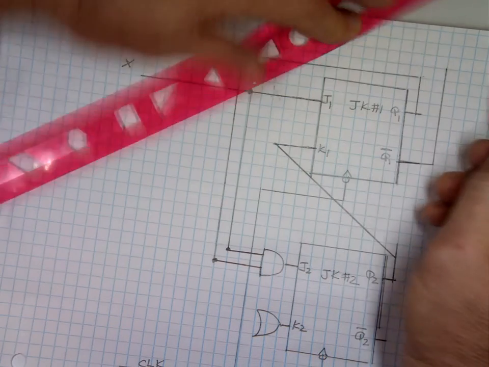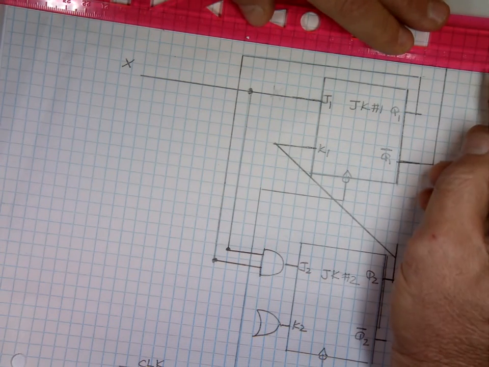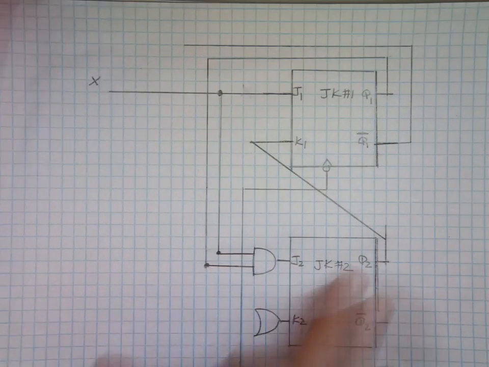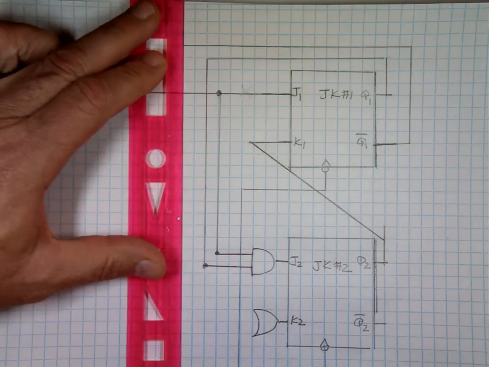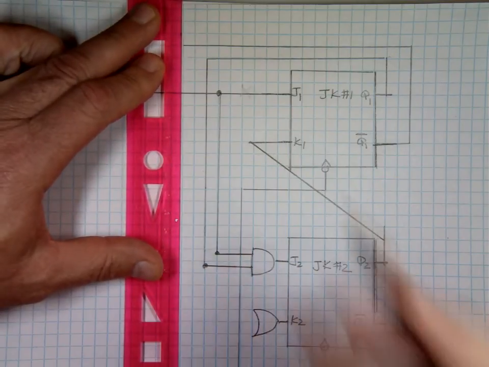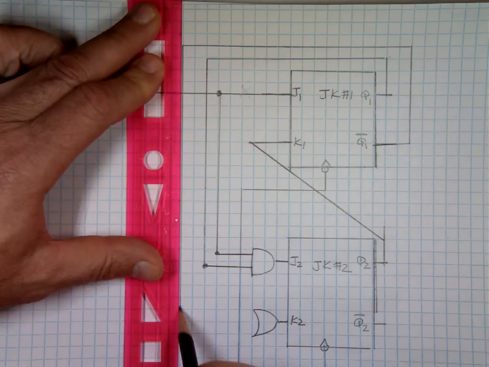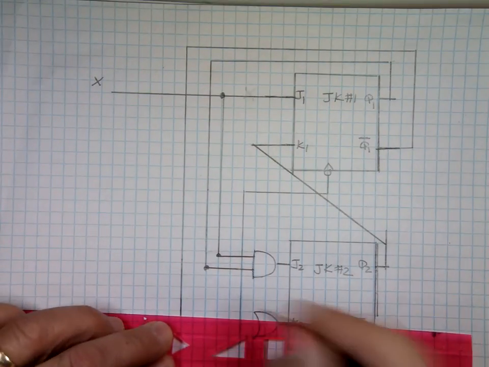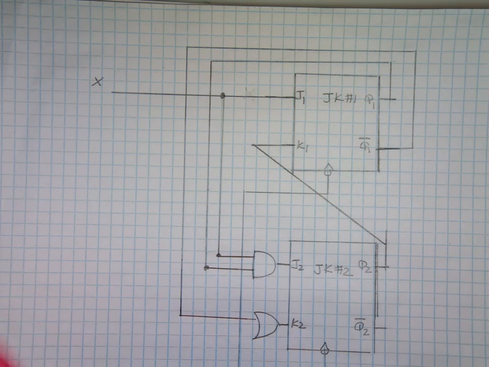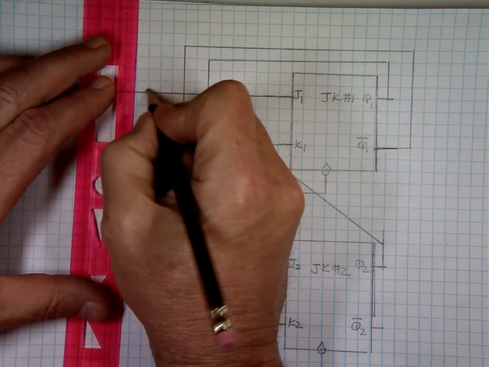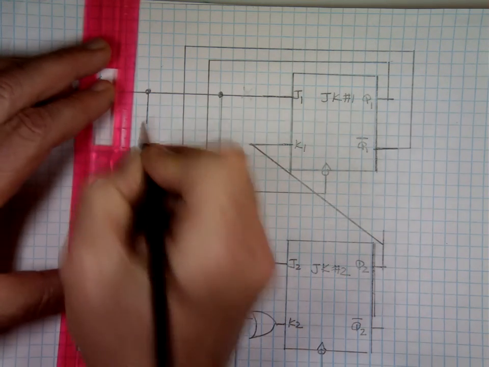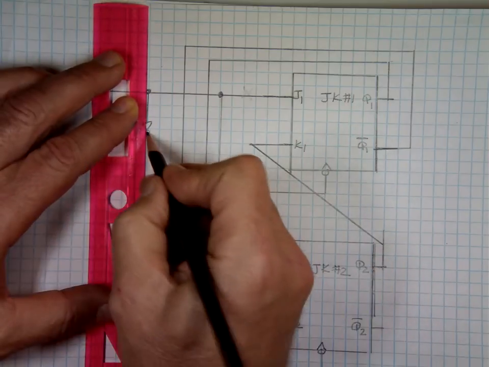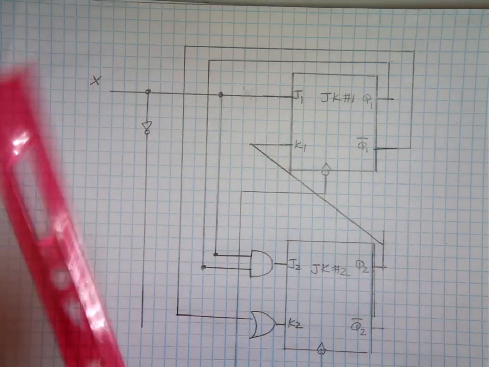Bring it down this way and feed it all the way down. And the other one, I'm going to take one from X here, put a knot on it, and feed it to this one.